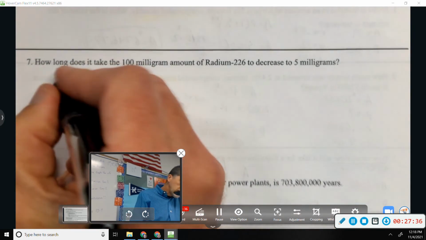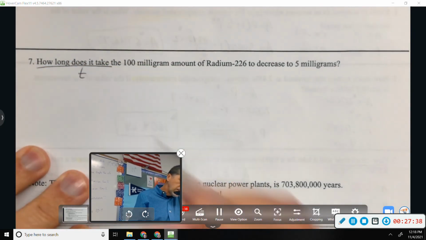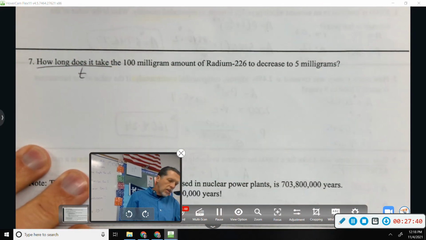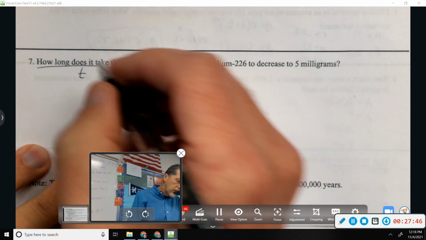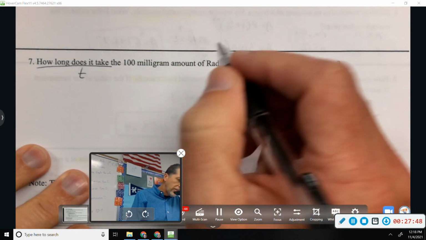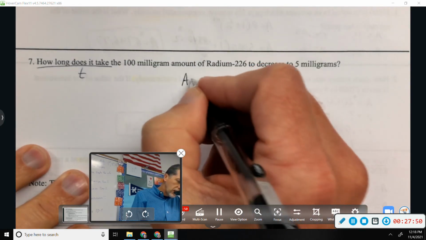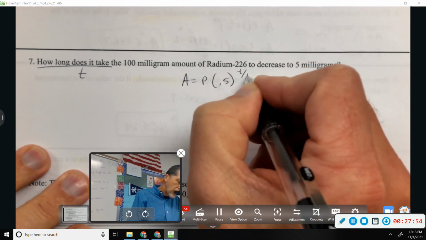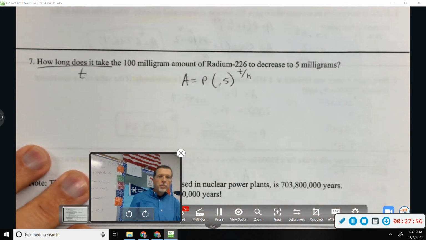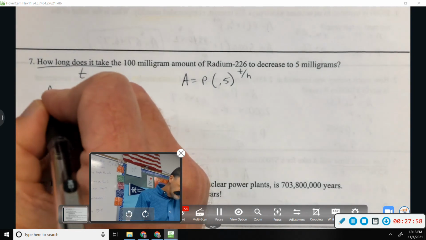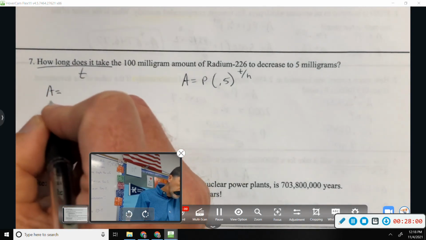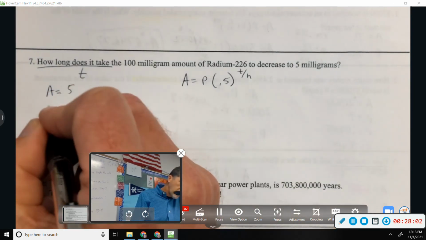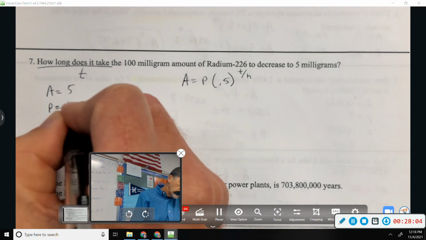How long does it take? So we already know we're looking for t. The 100 milligram amount of radium to decrease to 5 milligrams. So half-life formula. So the after is 5, the pre is 100.